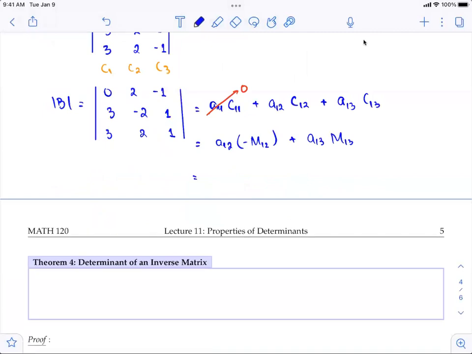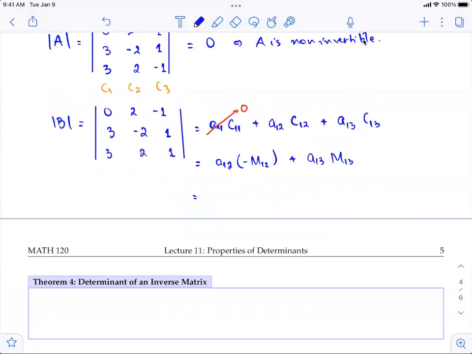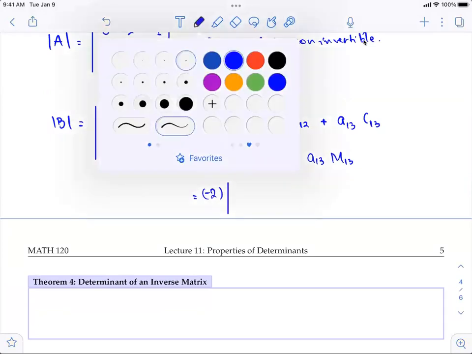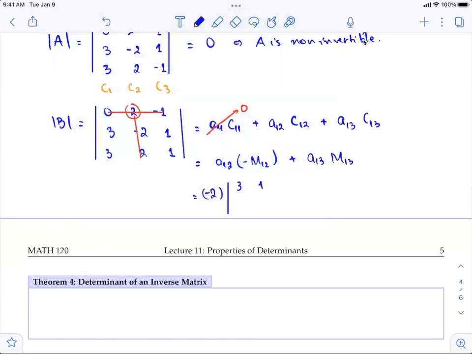So A12 is equal to 2, or -2 for that matter, because you have a negative in front, times the determinant of: pick this entry, delete the corresponding row and the corresponding column, and you're left with 3, 1, 3, 1. Plus A13 is -1. So you pick this entry, delete the corresponding column and the corresponding row.